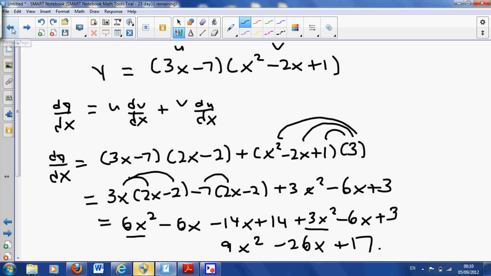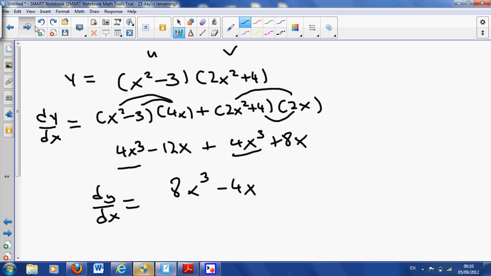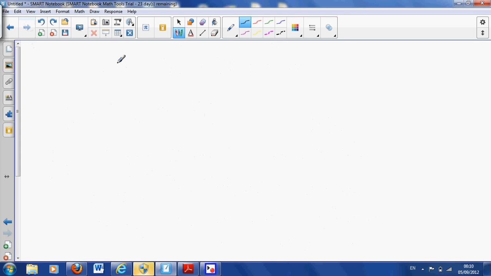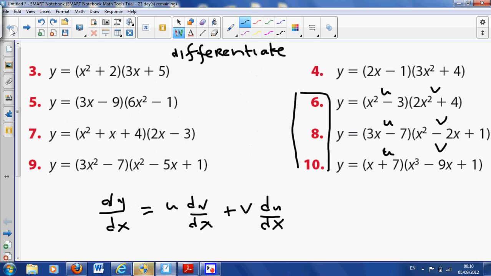Now we're finally going to go on to the next question. y equals x plus 7 into x squared plus 9x minus 1. Once again, I'm going to double check this because you need to double check all your questions before you begin.